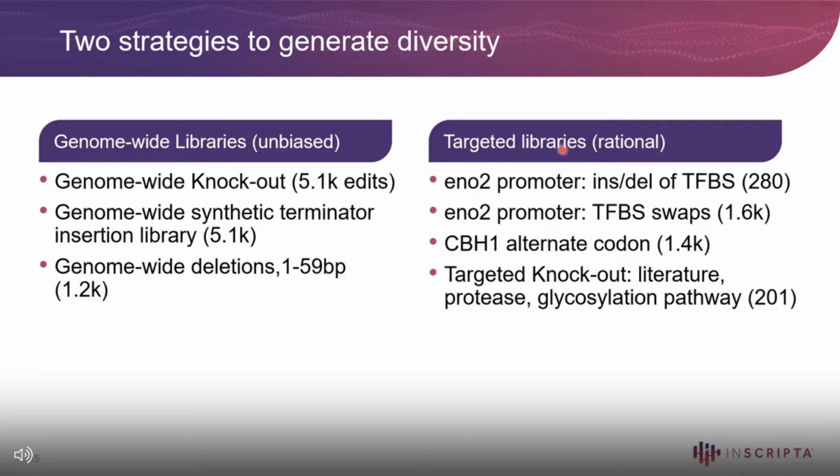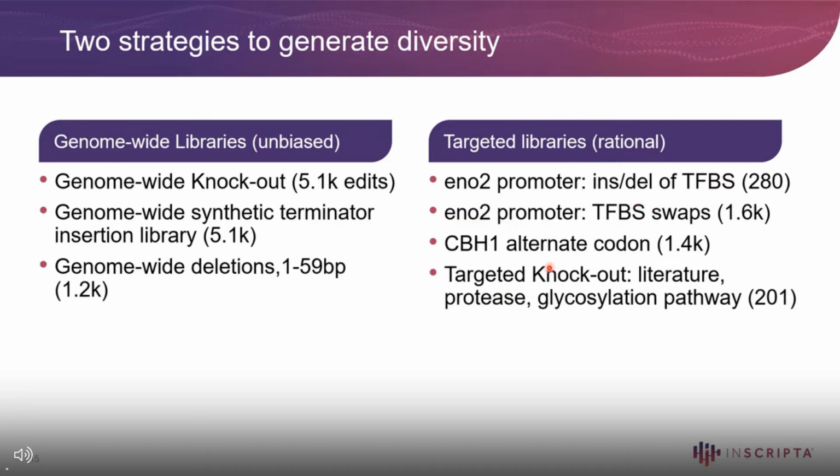As far as the targeted or rational libraries, we had two libraries targeting the ENO2 promoter that was driving expression of CBH1. This includes insertions or deletions of the native transcription factor binding sites located within the ENO2 promoter, or swapping in other transcription factor binding sites at different locations within the promoter.